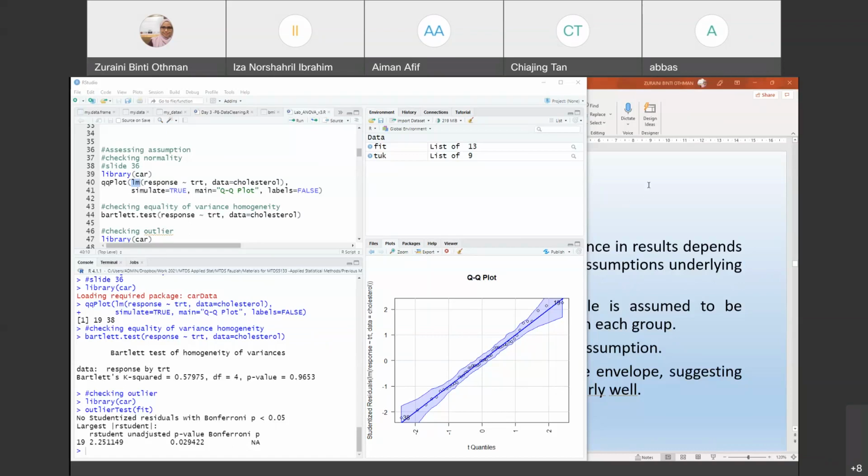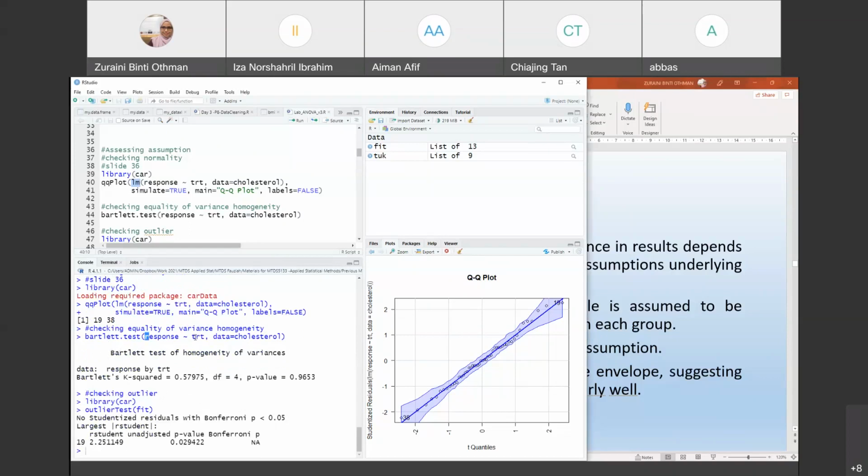Then R provides several tests for equality, which is homogeneity of variance. For example, you can perform the Bartlett test, which is what we did just now.